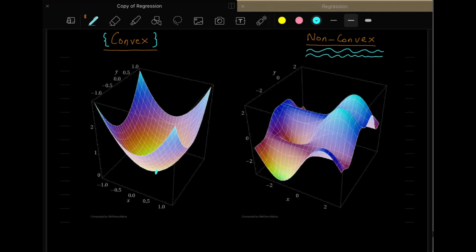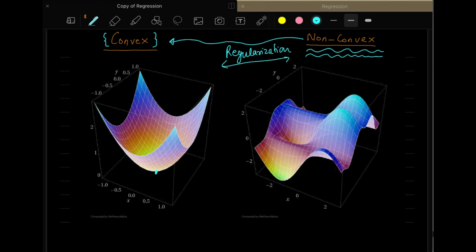So we try to use some advanced techniques to convert this non-convex function into a convex function, and we will see how we can do that, a little bit of it using regularization. We will discuss this technique in detail later on.